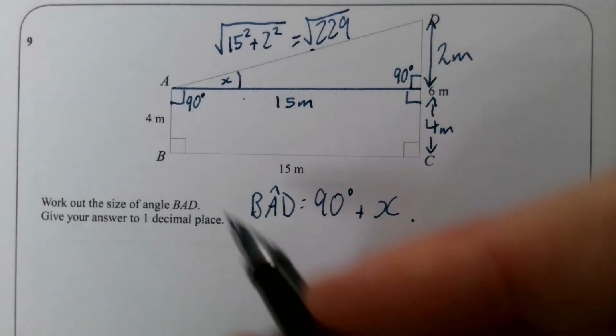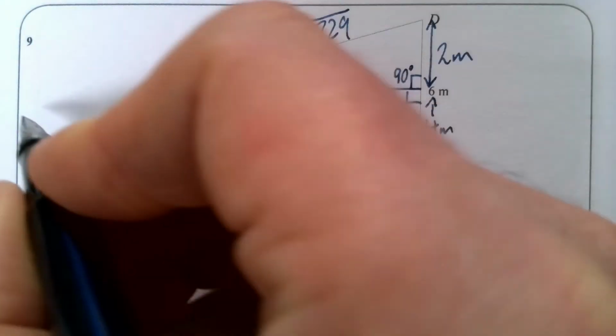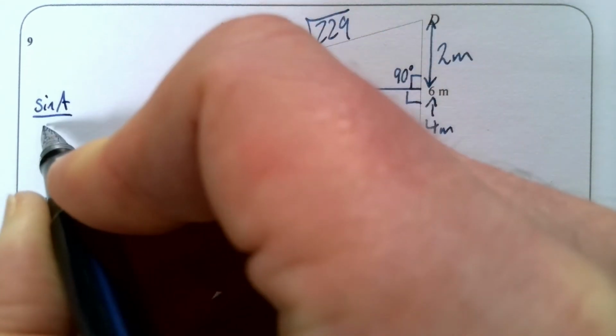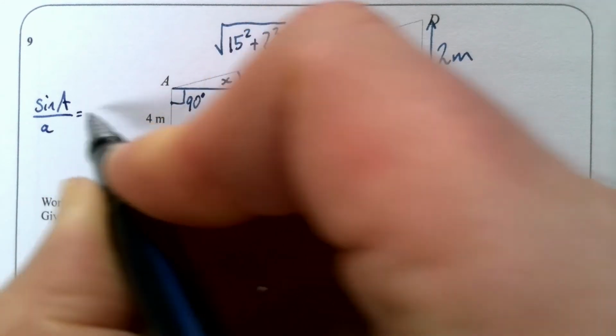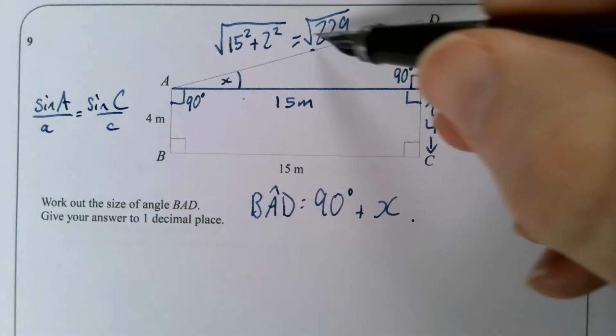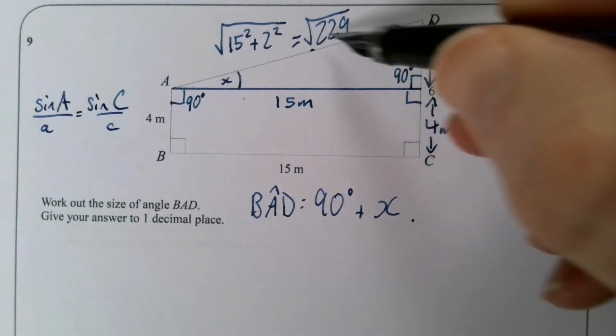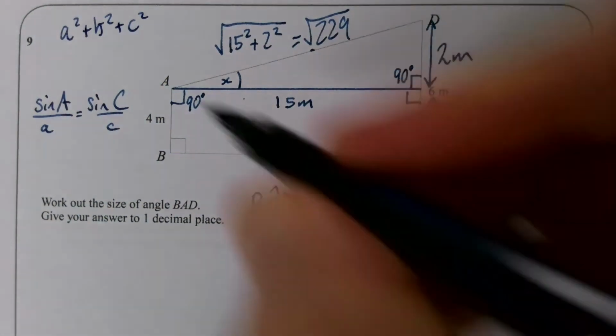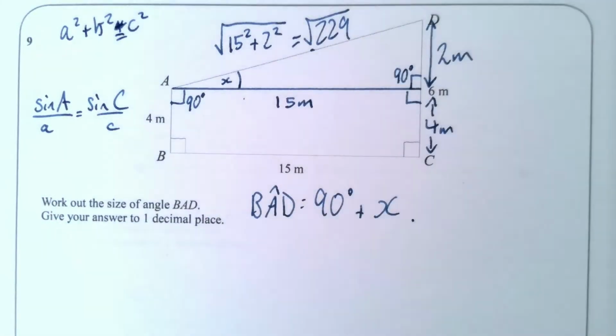Then we can say, I know I'm looking for the angle, so that means we're looking at the whole idea of sine A over A is equal to sine C over C. I say C because we're using the hypotenuse, which in Pythagoras is the one that we call C as A squared plus B squared equals C squared.